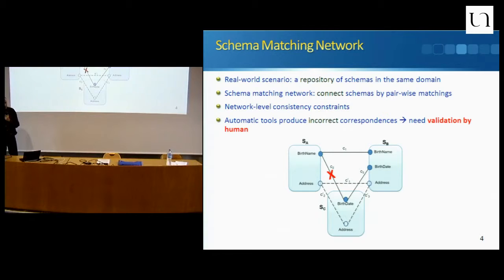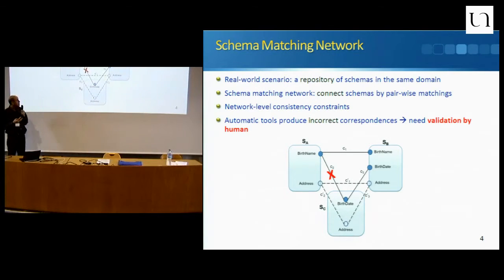Now I would like to share an observation. Even if we take the state-of-the-art schema matching tools and we apply pairwise schema matchings, the results are often very contradictory, because obviously the schema matcher doesn't take into account the network, so it doesn't know what the network is.